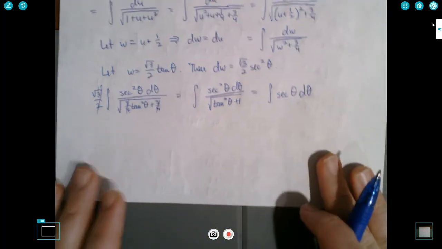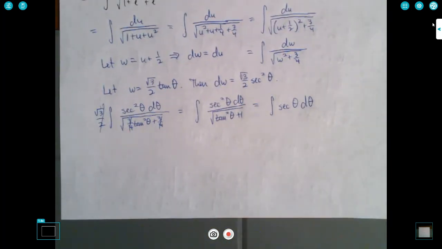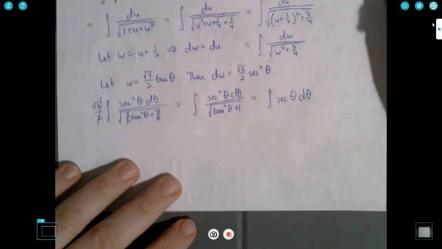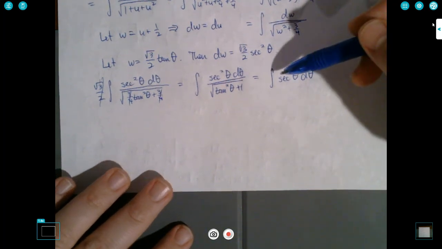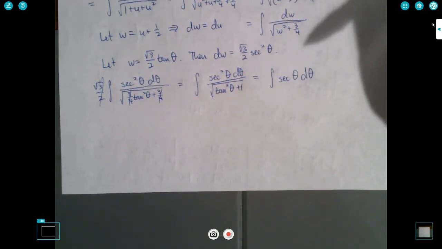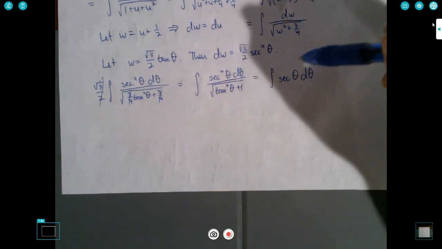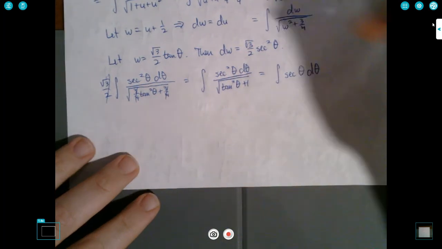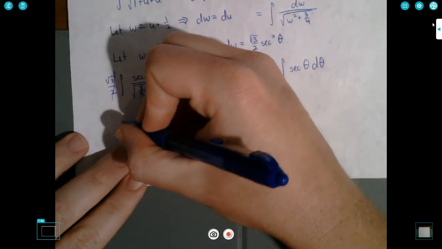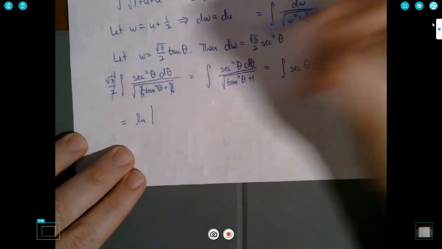And we've done 3 substitutions for this problem. That was probably unnecessary, but anyway, we are where we are. And we're getting much closer to the end now. Okay, so the integral of secant theta should be ln of the absolute value of secant theta plus tangent theta, right?